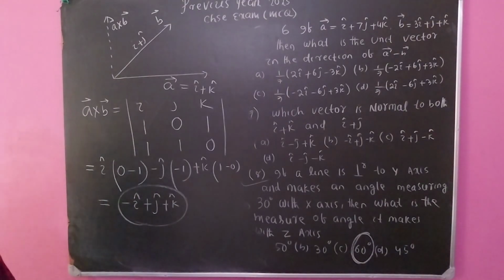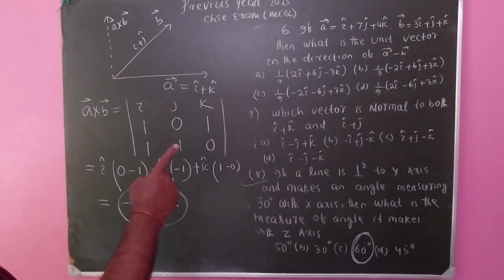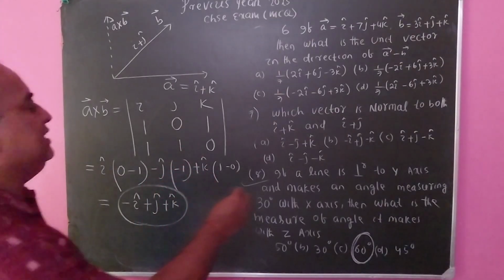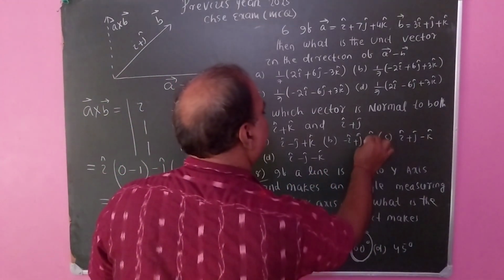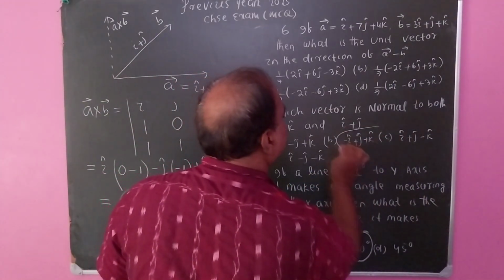What is the result? Minus i cap plus j cap, and here it is k cap. Okay, so the answer is B.